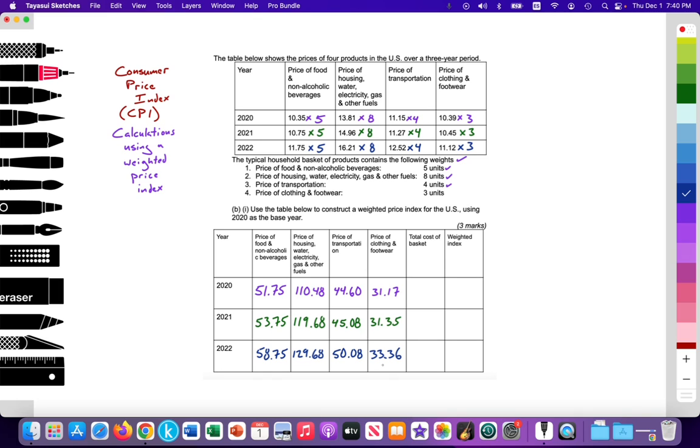Okay, so if you've done that, great job. Now what do we do? Now we have to add this all up. Here we have this column, total cost of the basket. What's the total cost of all of these items put together?